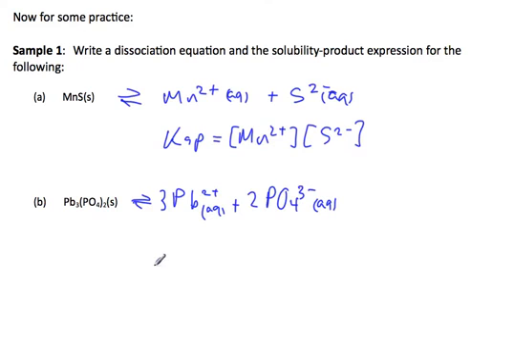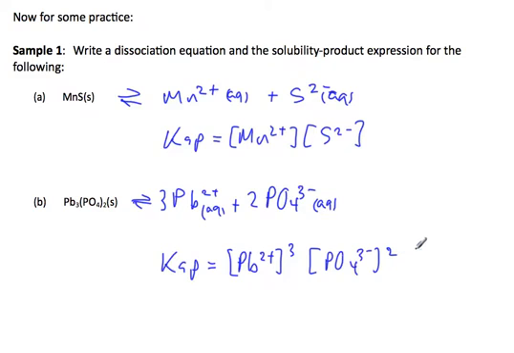The Ksp expression is the Pb2+ concentration cubed times the phosphate 3- concentration squared. This is not uncommon with Ksp: with ionic solids you can end up with fairly high exponents in your equilibrium expressions.